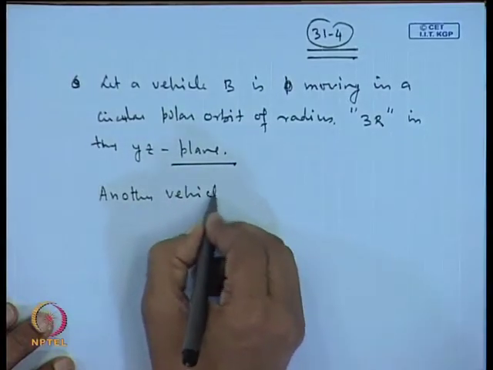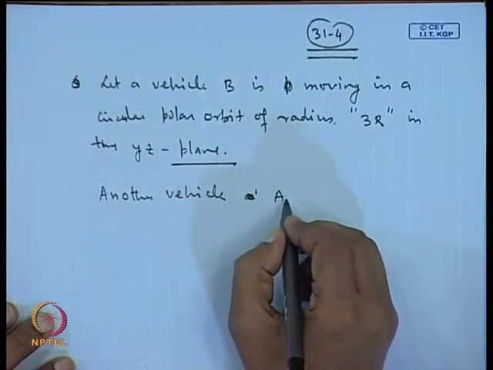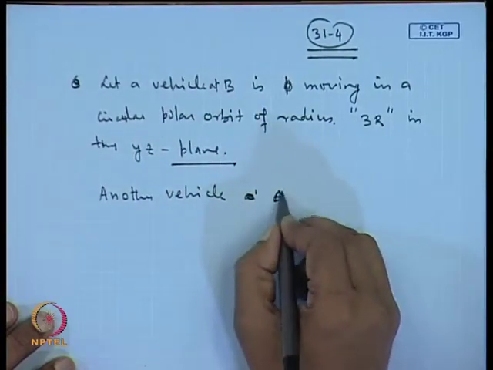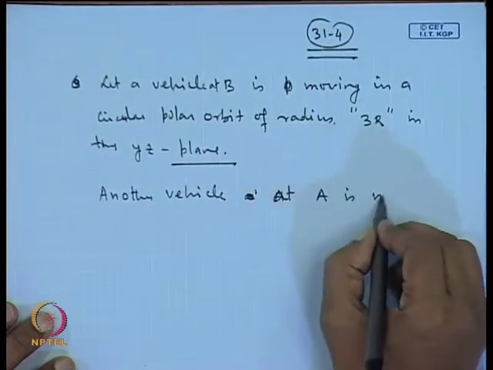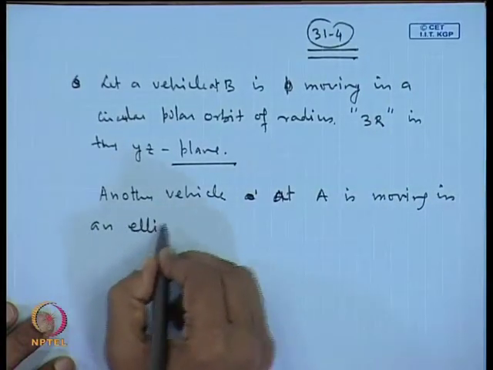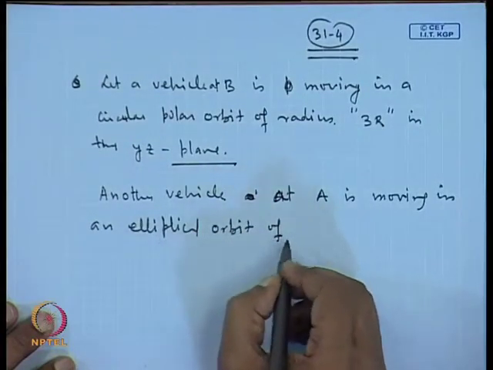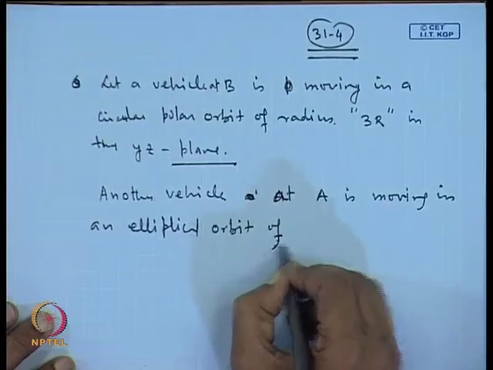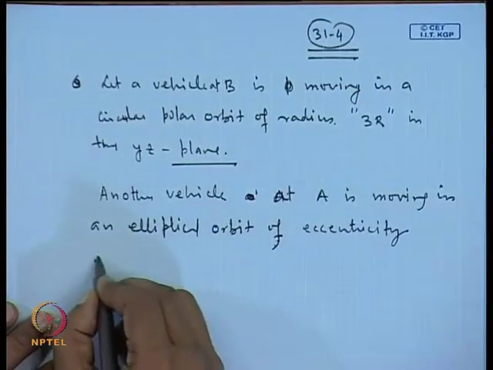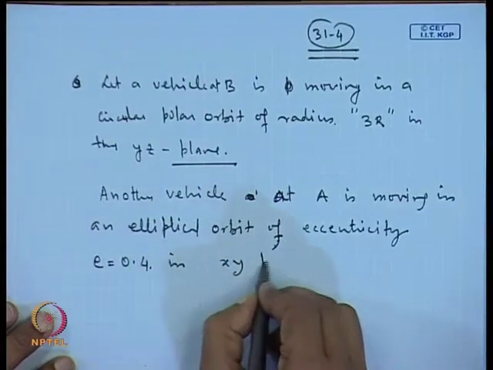Another vehicle at A is moving in an elliptical orbit of eccentricity E equal to 0.4 in the xy plane.